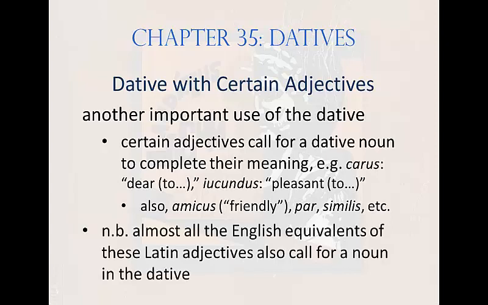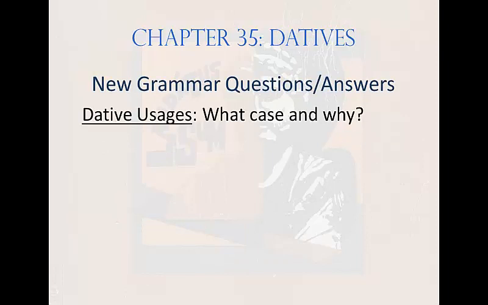What makes this so easy for us to learn is that the English counterparts of most of these adjectives also set up the possibility of a dative after them. When idiom matches idiom, life is idiotically sweet. Enjoy it.